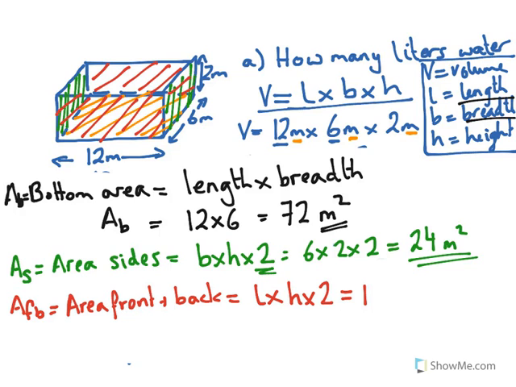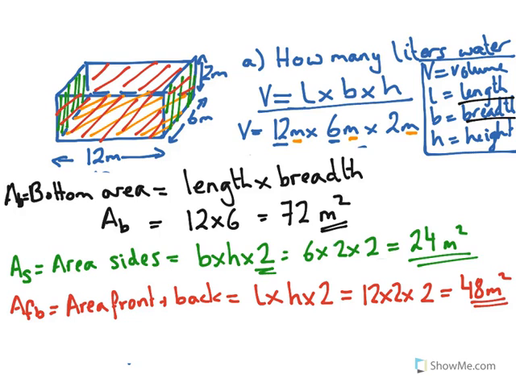The length is 12, the height is 2, and we've got 2 of them, so we multiply by another 2. 12 fours are 48 meters squared.